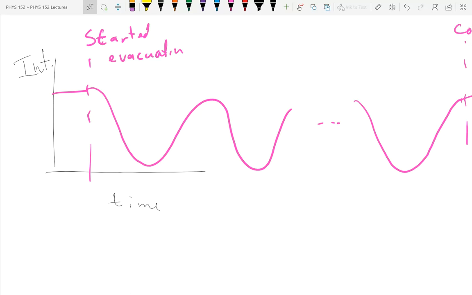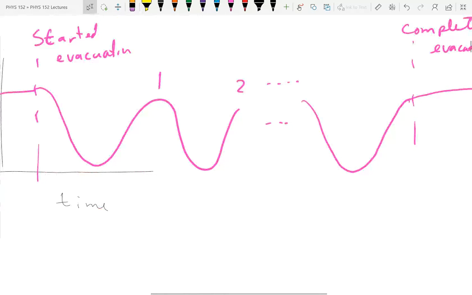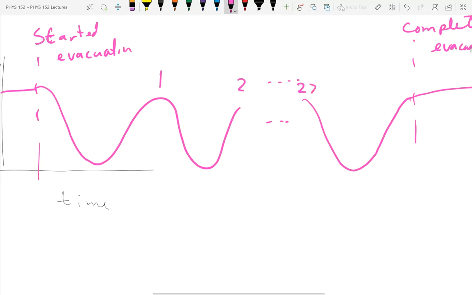And so counting the peaks, we have 1, 2, ... 273, 274. So as we pumped out the air, the number of times that it reached maximum intensity, that is where it reached constructive interference, was 274 times.